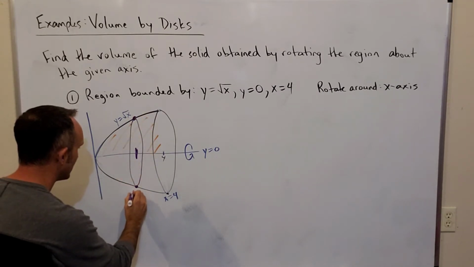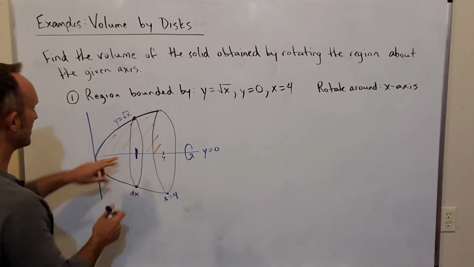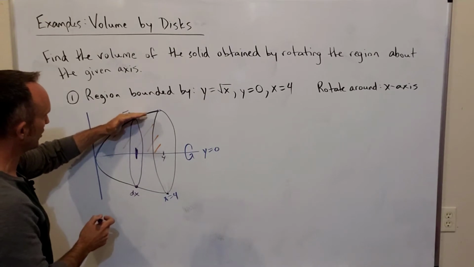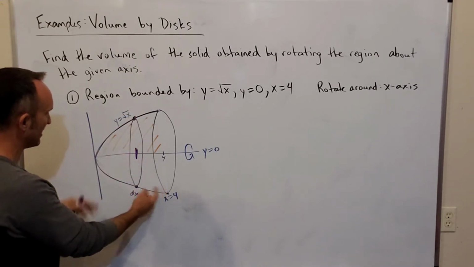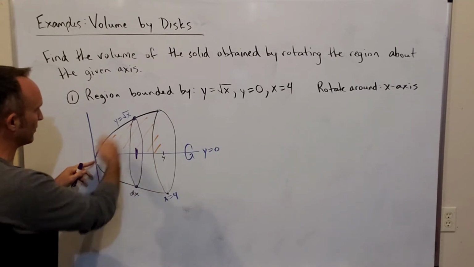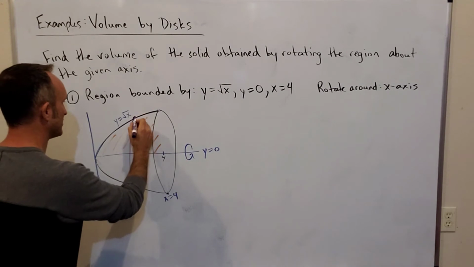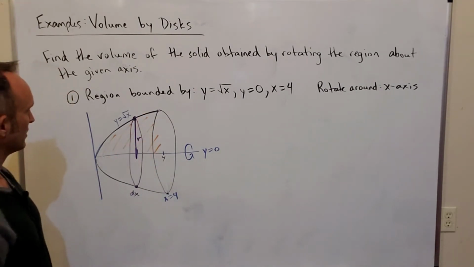So the thickness of this disk is dx. It's a horizontal thickness. My radius measures from this line up to this curve. I don't want to measure my radius from this line down to here because this was a mirror image of the original function. So I want to use all the original pieces to measure my radius. So my radius is right there, okay?